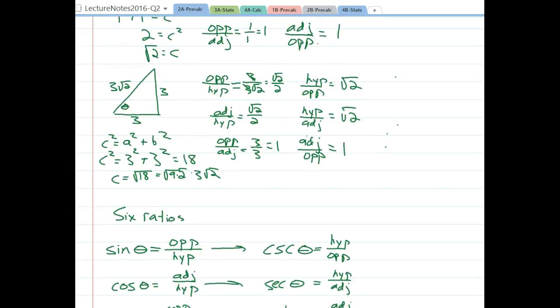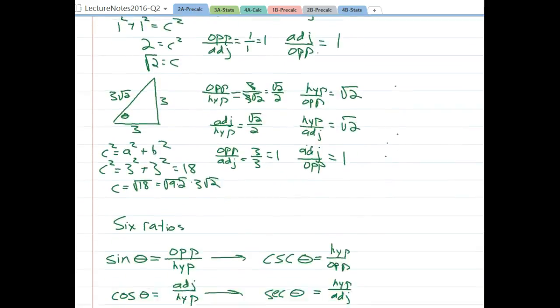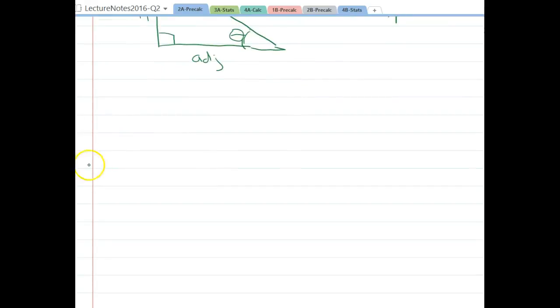Now what I want us to look at next is, we'll call this Roman numeral 2 in our notes, I want us to look at the 30 degree and 45 degree triangles, right triangles.